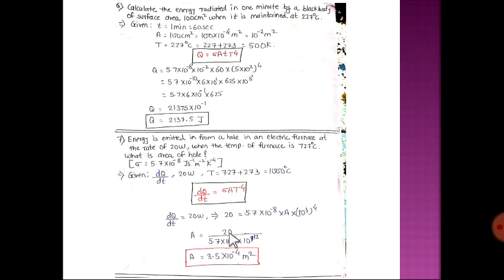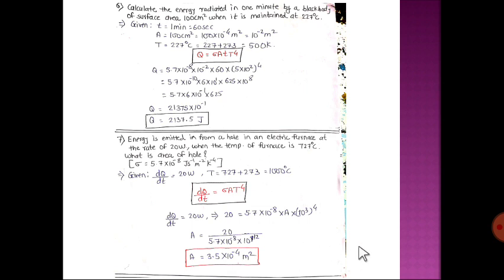To find A, we get 20 divided by 5.7 into 10 raised to minus 8 into 10 raised to 12, so A is 3.5 into 10 raised to minus 4 meter square. This is the area of the hole through which energy is emitted at the rate of 20 watt. I hope you all got both the numericals.